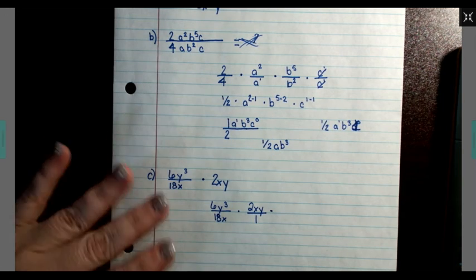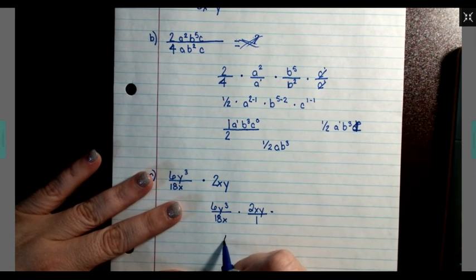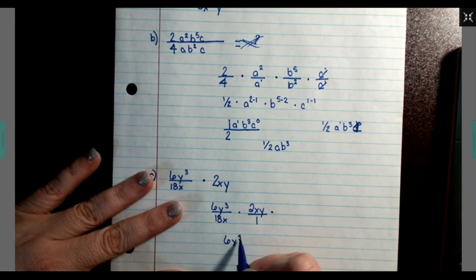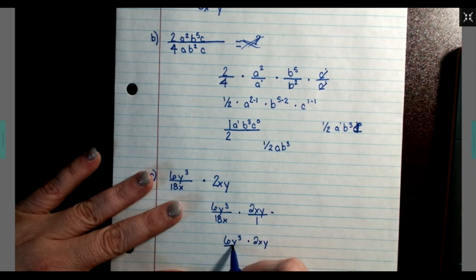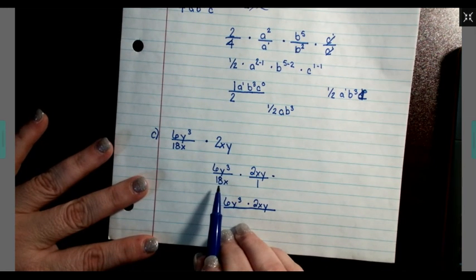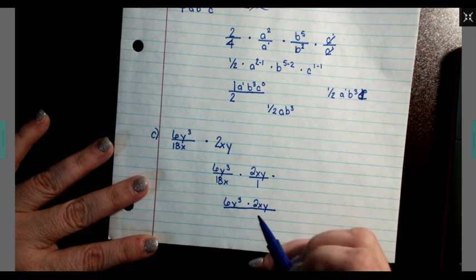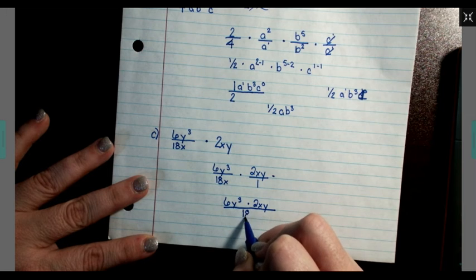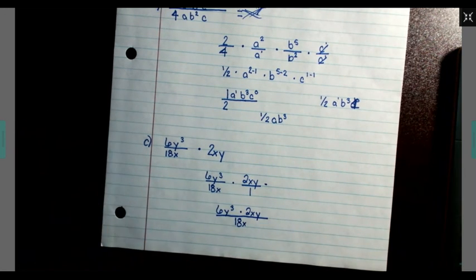So what we're going to do is take 6y cubed and multiply it by 2xy. And then we're going to take that and divide by, well, 18x times 1 is 18x. So now I at least have it all in one fraction form here, so I can separate it into pieces.